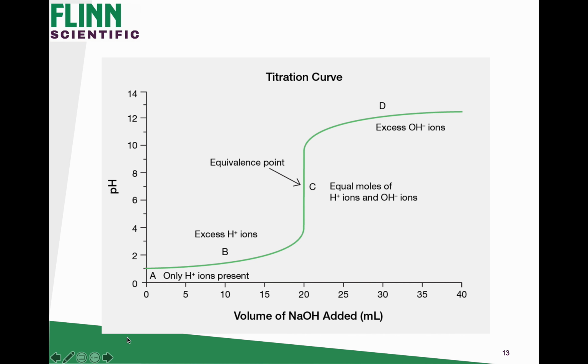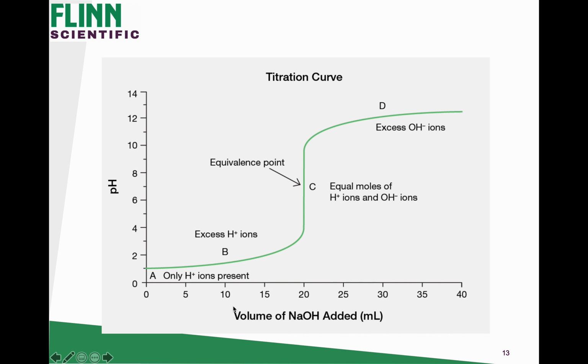You understand what you're looking at, that obviously what we started with in the Erlenmeyer flask was an acid. How do we know this? Because we're starting off with 0 sodium hydroxide in the flask in a very low pH. That low pH means that there's only hydronium ions present.